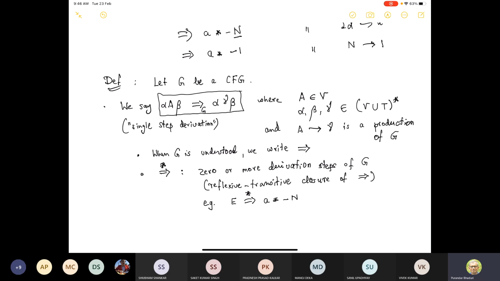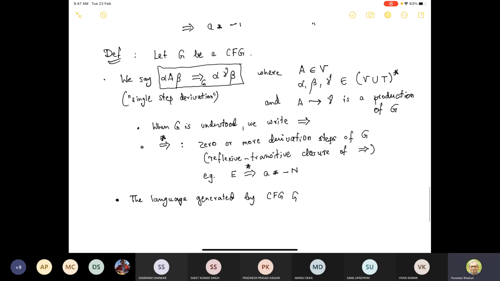So given this notion, the language generated by the context-free grammar G, and this is denoted LG.